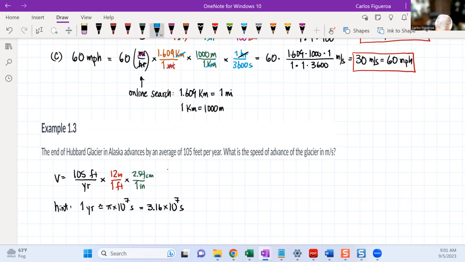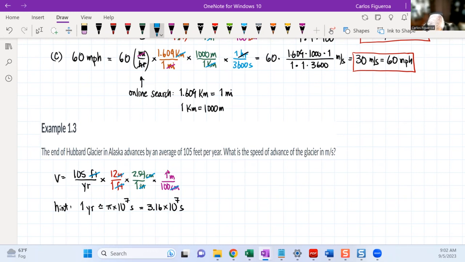If I now start to do the cancellation, I can see that the feet cancel, the inches cancel. The next one that I want to do is go into meters. 100 centimeters is going to be to meters. So right away, I see that I've converted all of my feet into meters now.